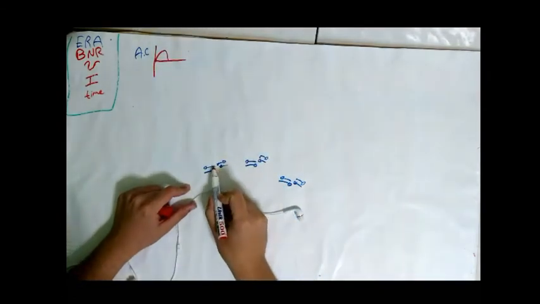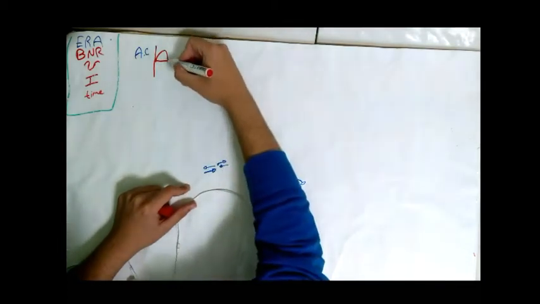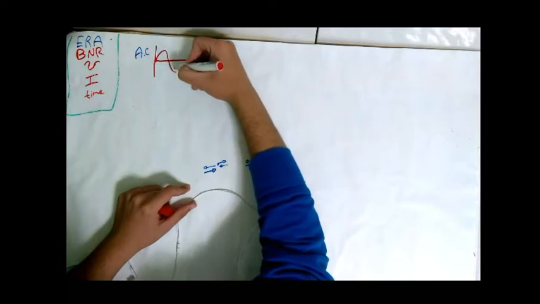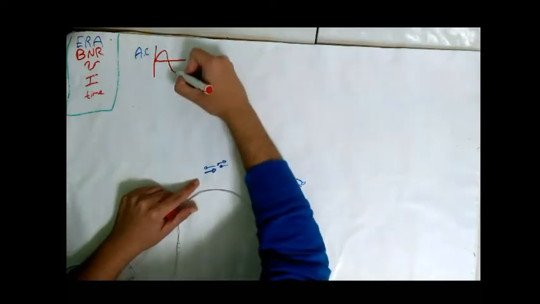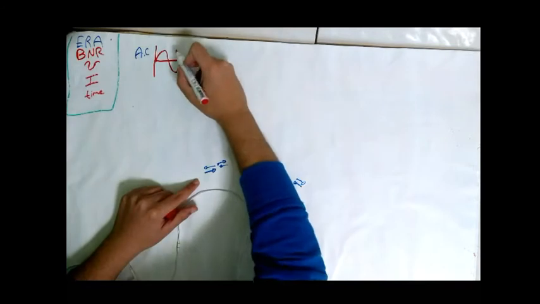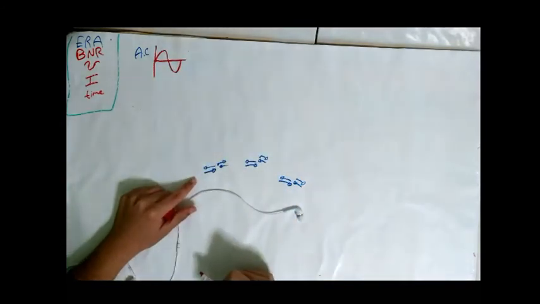Then it moves backward past the original position, so I will draw this in the opposite direction. Then they return back to the original position again. And this wave is called a sinusoidal wave or sine wave.